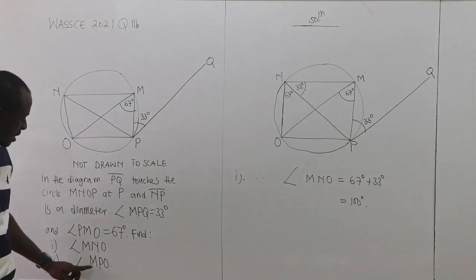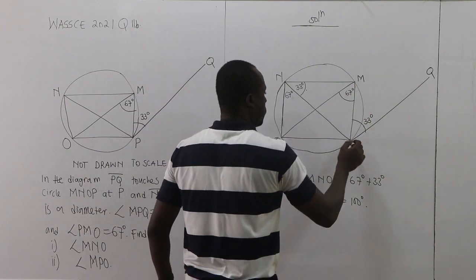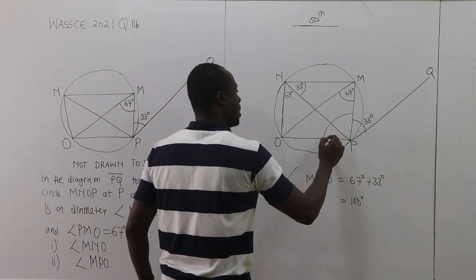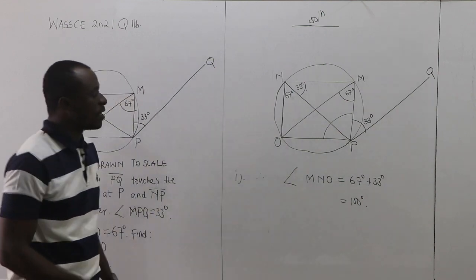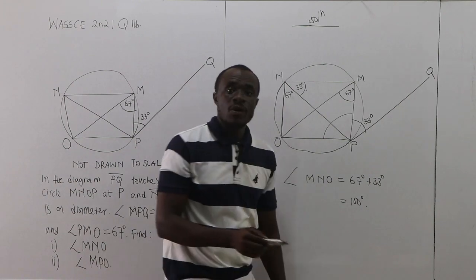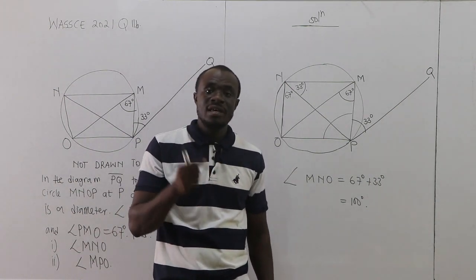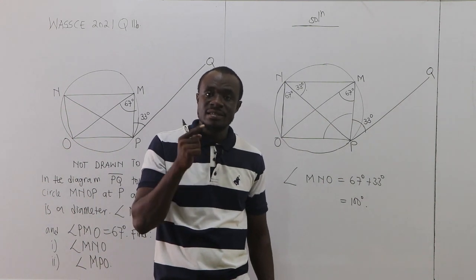We want to find angle MPO. We want to find the angles over here. Now we're told that NP is a diameter, and we know that the angle a diameter makes at the circumference is 90 degrees.